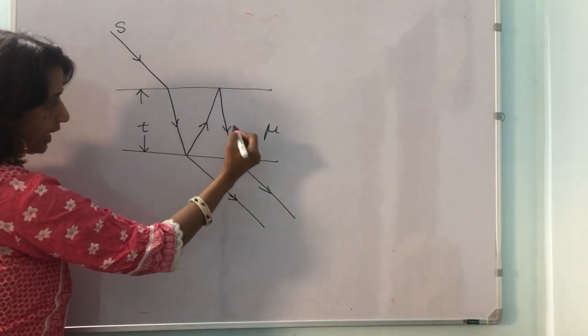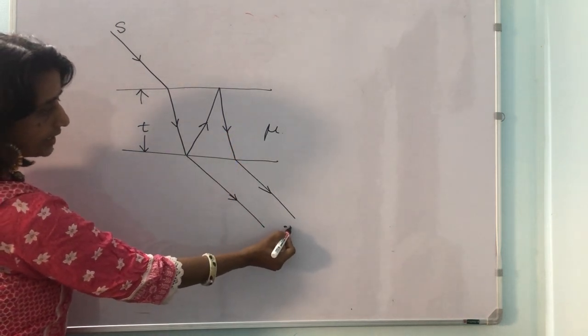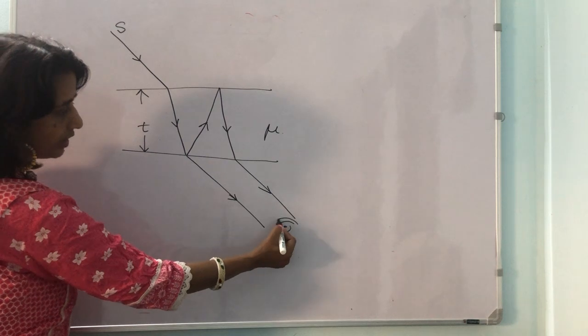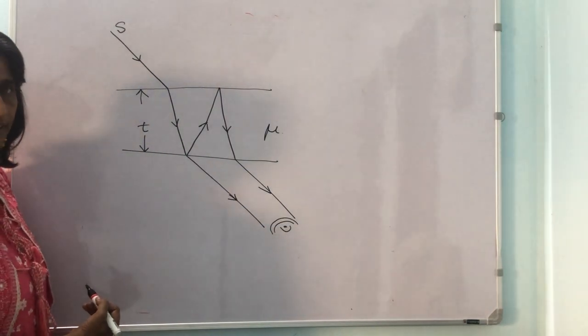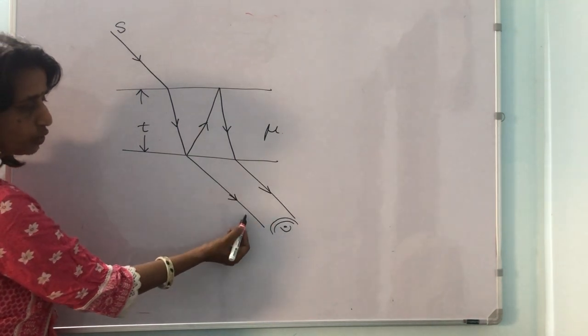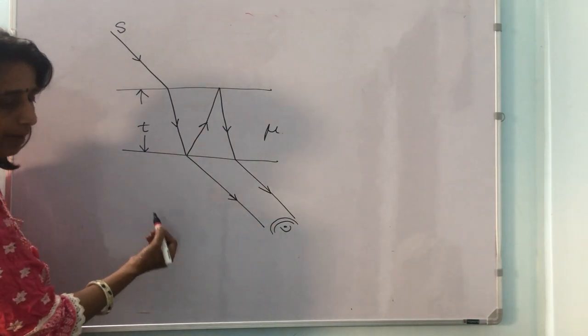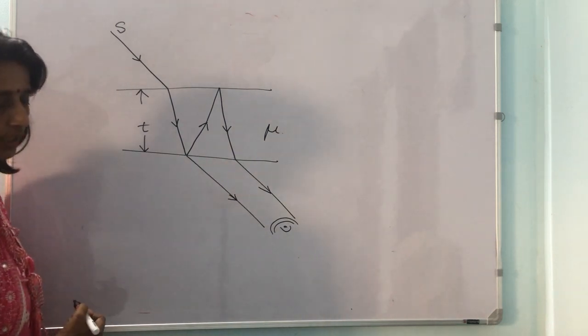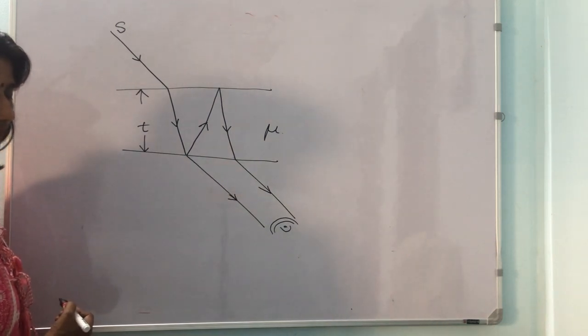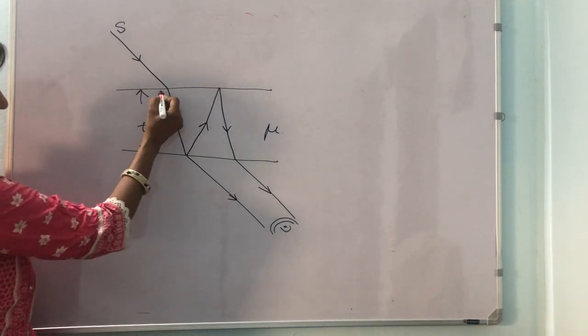So now here, if my eye is here, I will observe a fringe pattern here because of the interference of these two rays, and my coherent sources, this and this. So let us now find an expression for path difference.